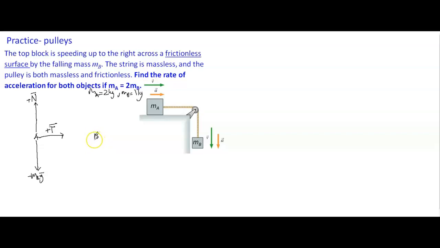Okay, we're back. So block B is 1/4 the mass of block A, so therefore its weight vector is going to be smaller.